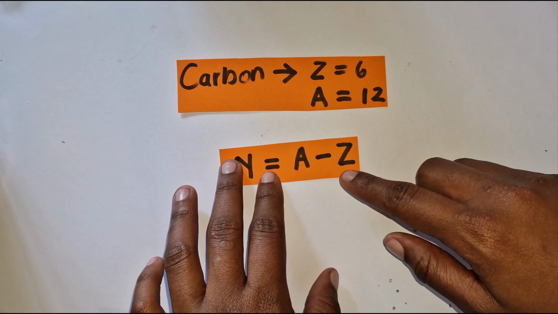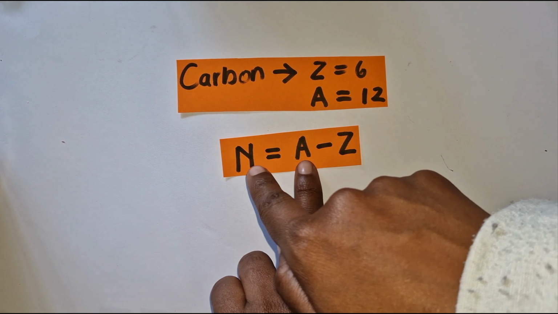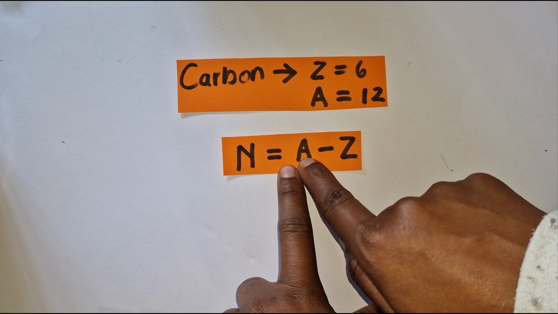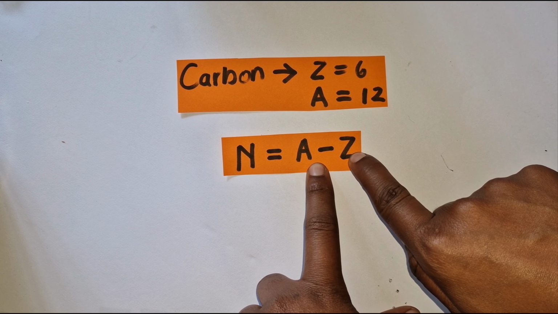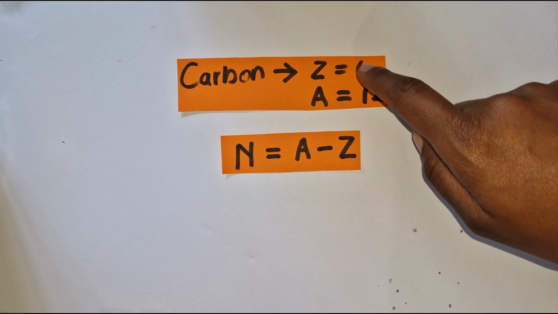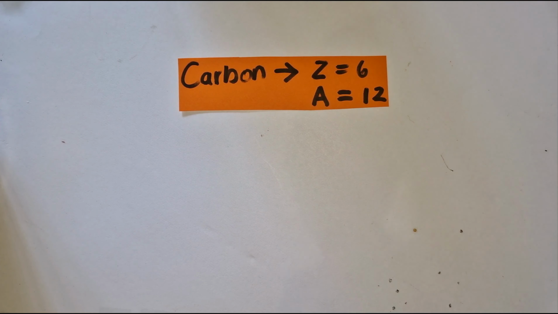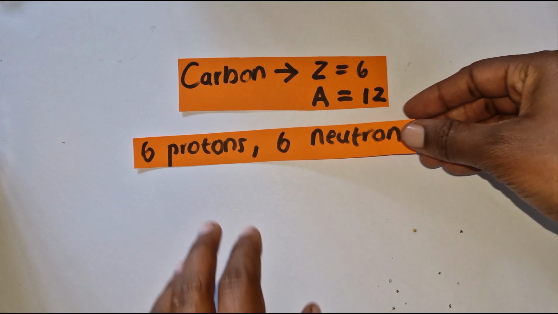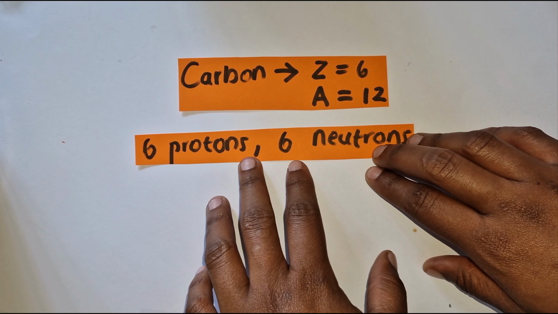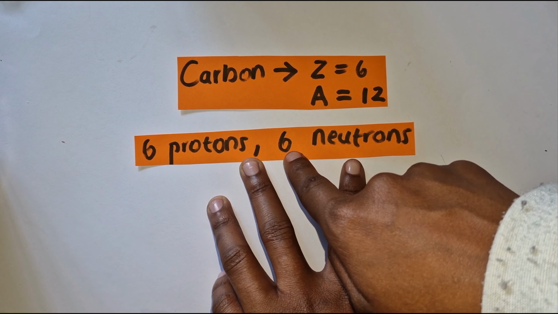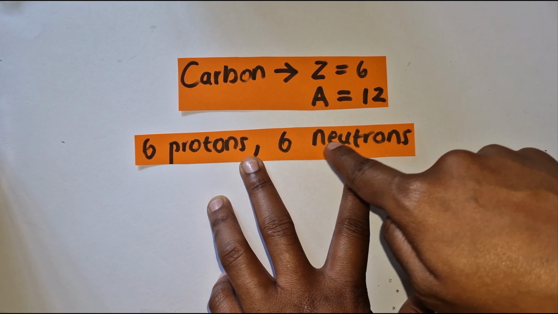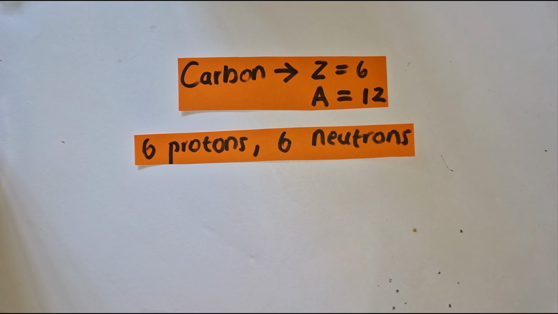We'll still use that formula, that the number of neutrons equals the atomic mass number A minus the number of protons Z. So, well, how much is that? We have 12 minus 6. How much is 12 minus 6? So we know that carbon has 6 protons. 12 minus 6 is 6. So it will tell us that carbon actually also has 6 neutrons.